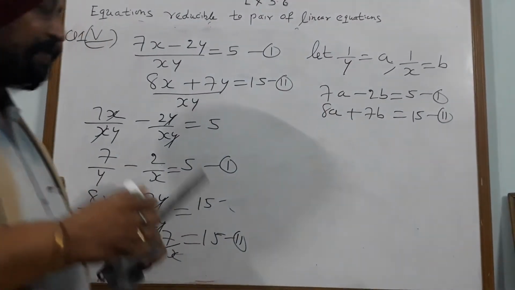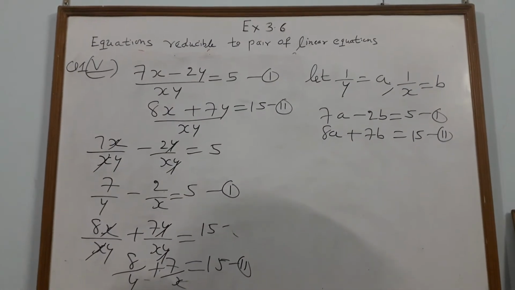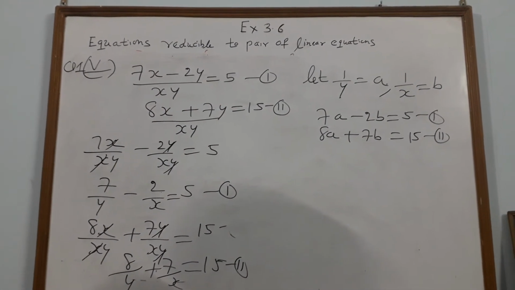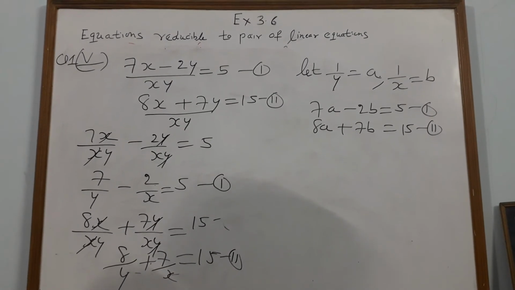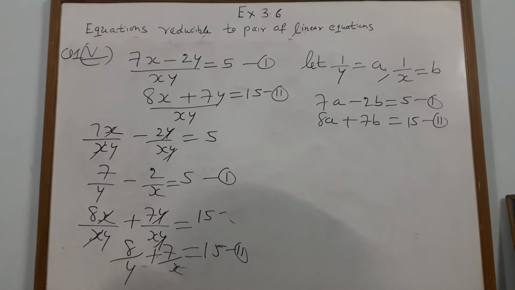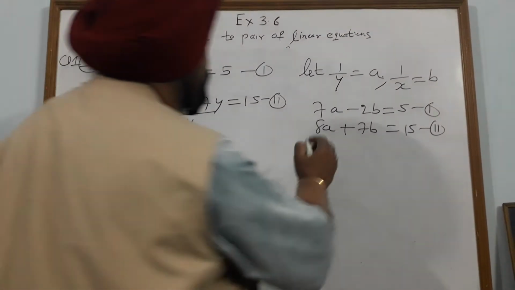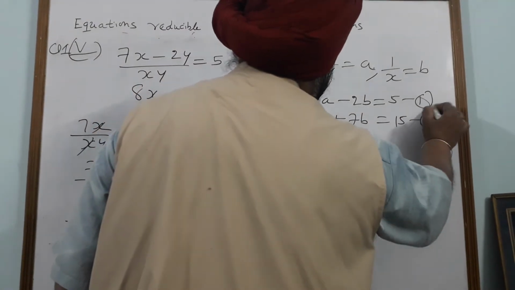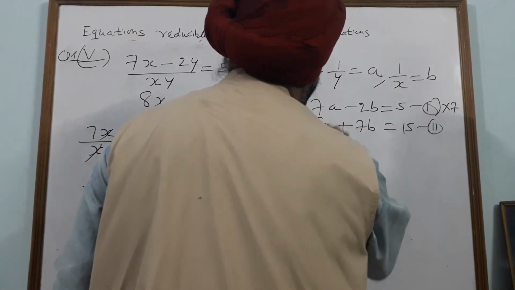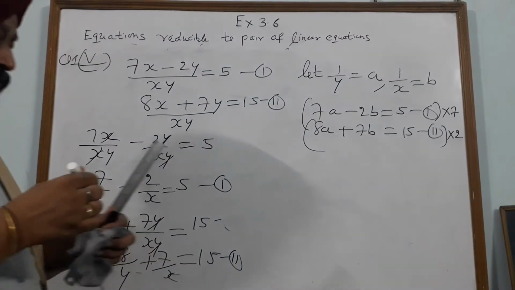Now you can solve these two equations by using any method, but I prefer to use the method of elimination by addition and subtraction. To apply elimination by addition and subtraction, multiply the first equation by 7 and the second equation by 2 to make the coefficient of b equal.